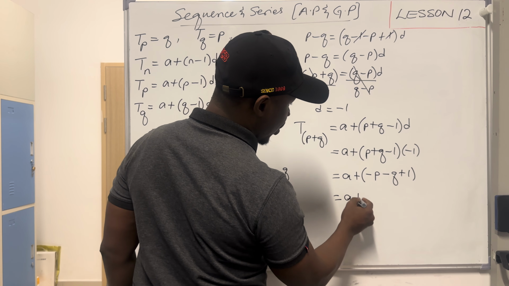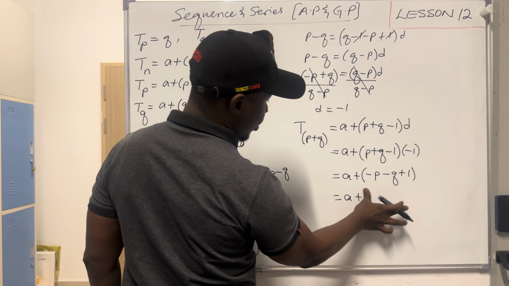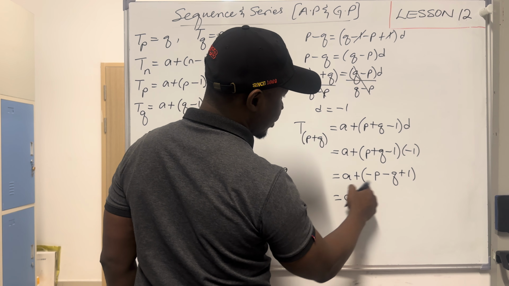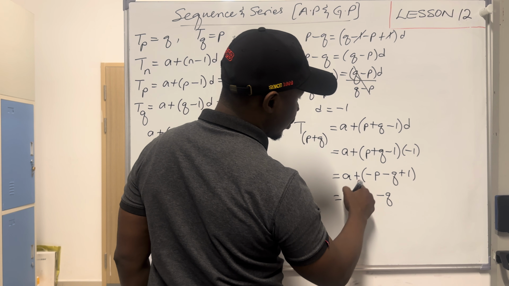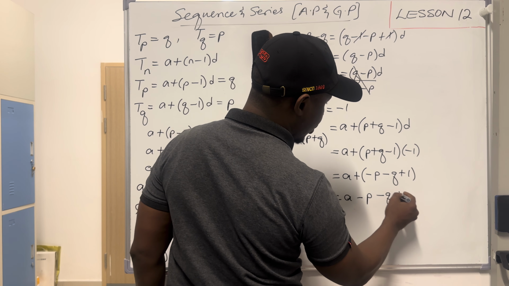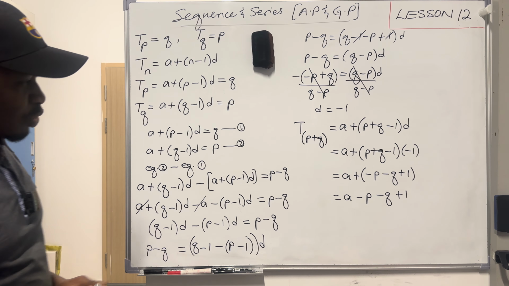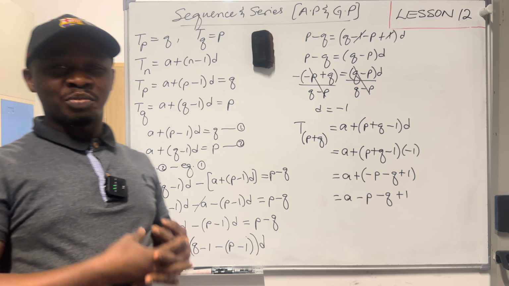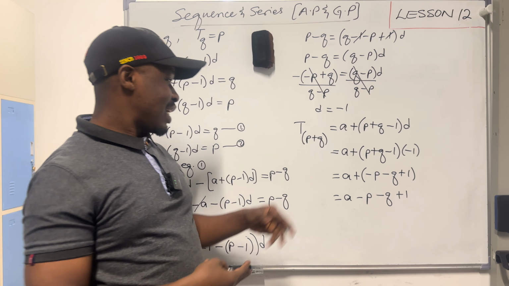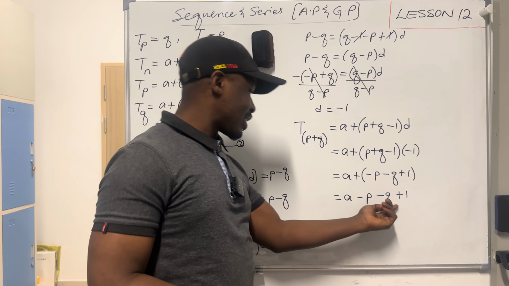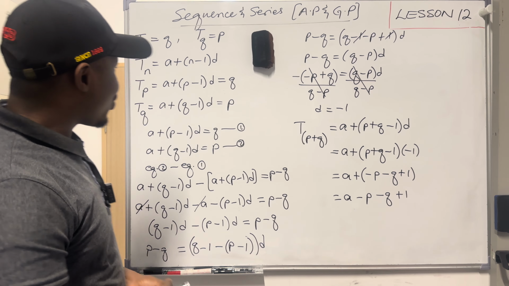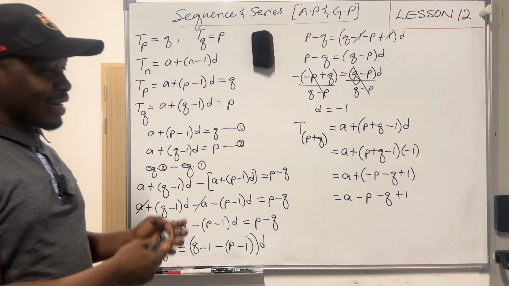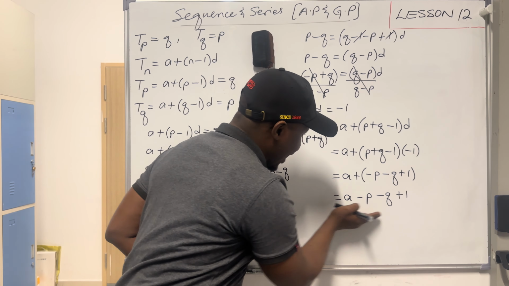So A plus times minus is now minus P, with this minus Q, with this plus 1. This is what we have. So as it stands now, we have not shown that the P plus Q term is 0 because this is not 0. So as I was saying, we need to go somewhere and create something that will come and help us here.